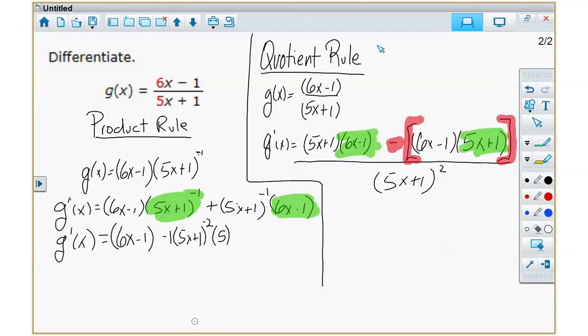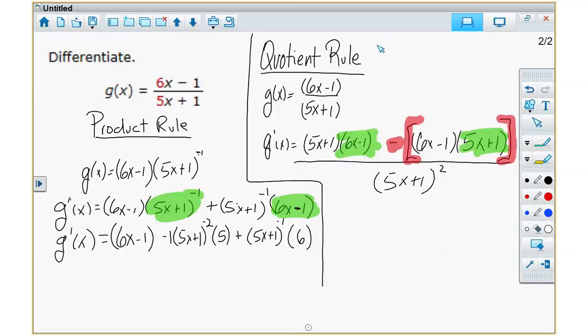Derivative of what's inside. That's the chain rule. Plus 5x plus 1 to the negative 1 times, what's the derivative of 6x minus 1 or 6x plus 1? 6. 6.